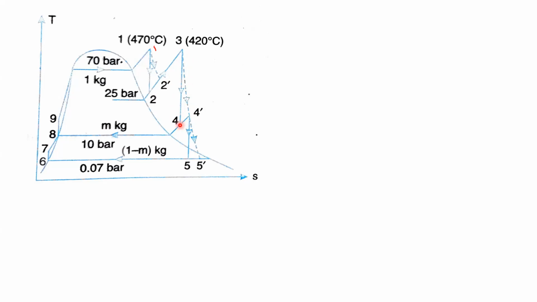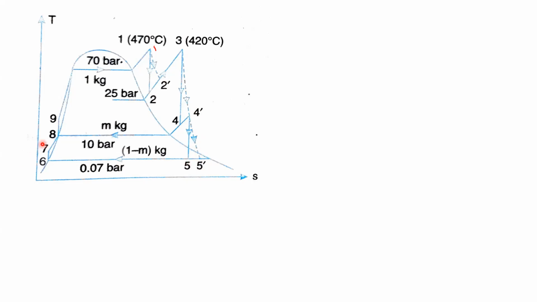After the fourth state, we have taken some amount of steam bleed here. Then for this fluid, 4 dash to 5 is isentropic, theoretical expansion. Then 4 dash to 5 dash, the low pressure turbine, follows the actual process, which is taken as the actual expansion.